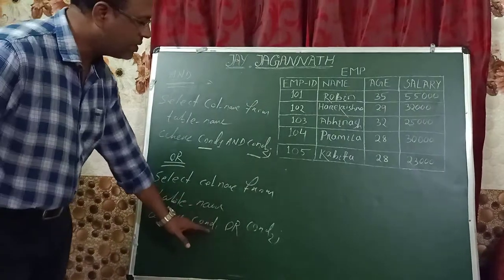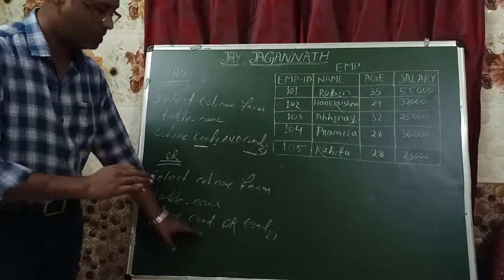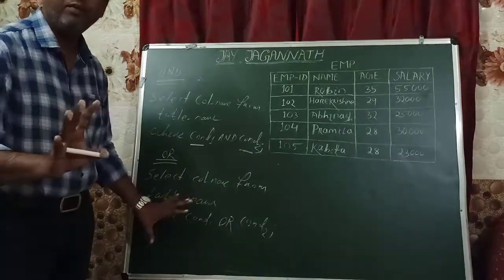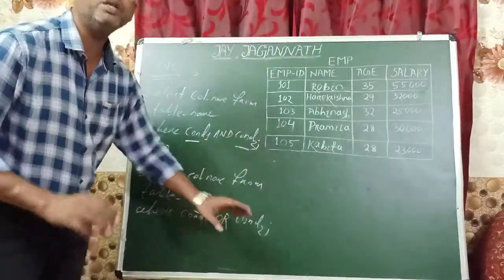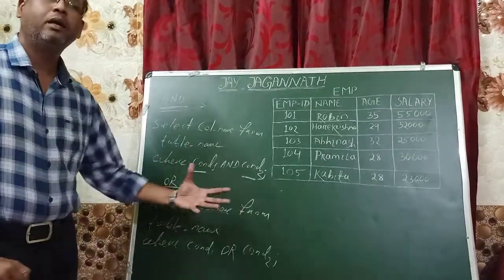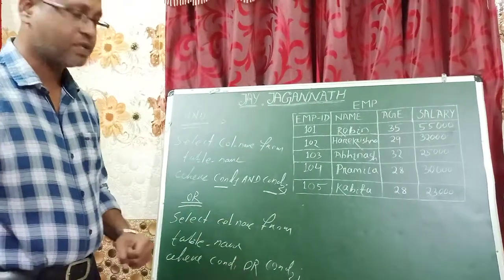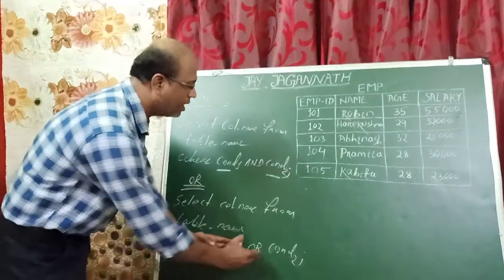If a single condition is true, if condition 1 is true, then this query gives you some result. If condition 2 is true, then this query can provide some results. So either condition 1 or condition 2.